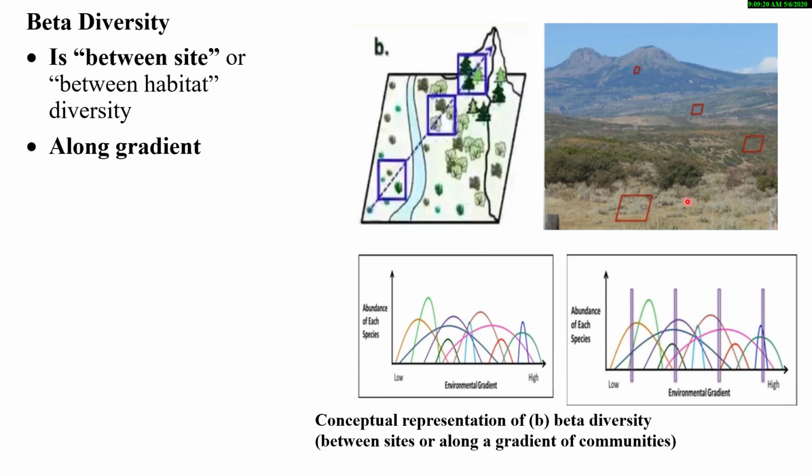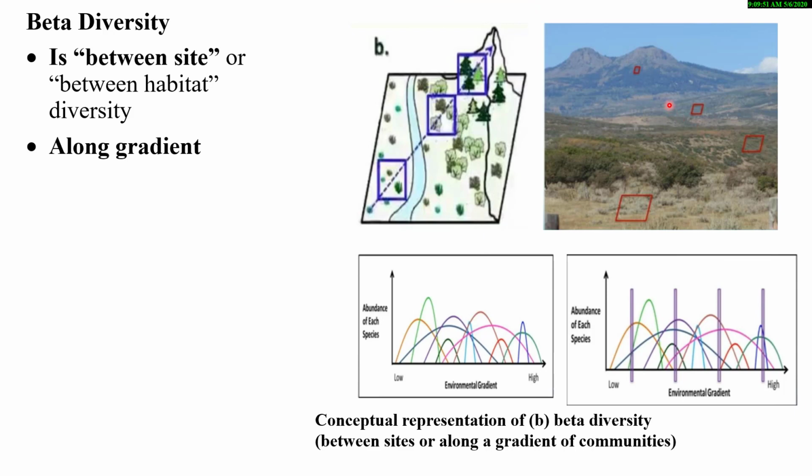So here we can look at it between plots or between different sites. Or we can also lay plots along different environmental gradients and assess diversity along them. By environmental gradient, we mean that it could be along elevations, along the slopes.